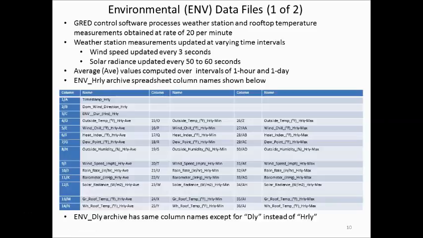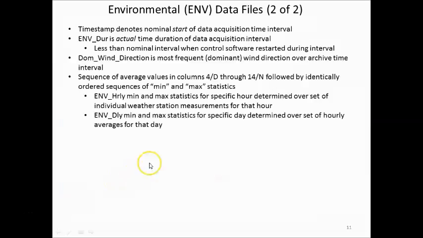For example, the wind speed is updated every 3 seconds, but at the far extreme, the solar radiance is only updated every 50 to 60 seconds. The temperature data in particular is typically updated on the interval of every 10 seconds. The table provides a useful reference listing of all of the column names.